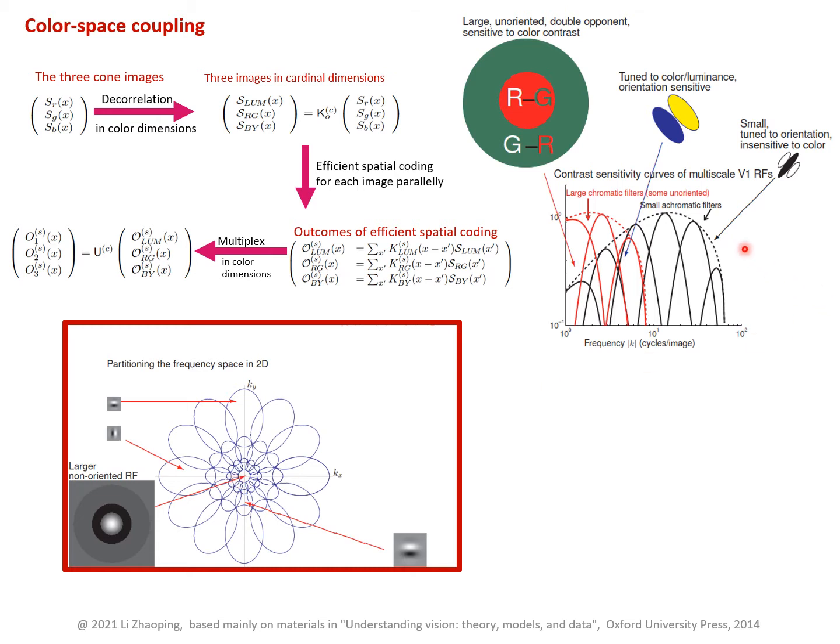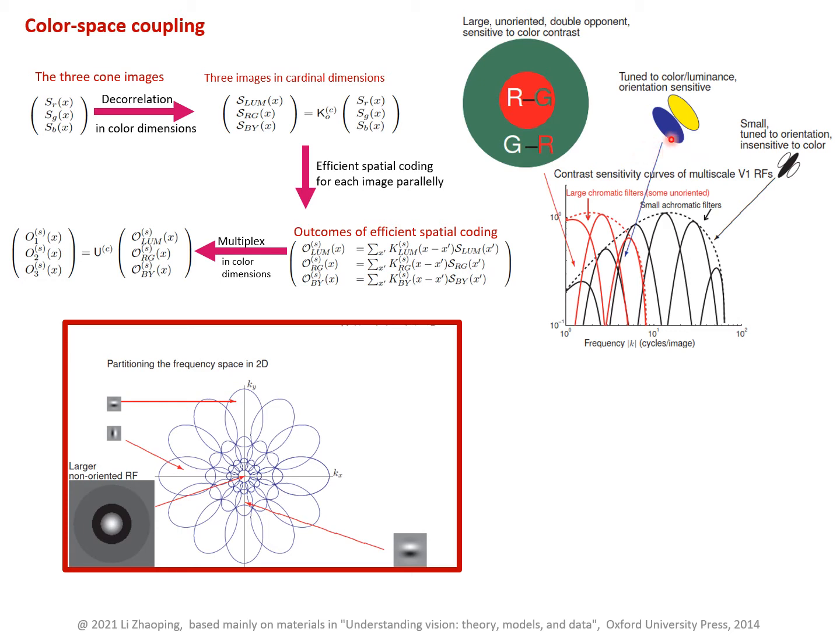We also have orientation tuned cells with very small receptive fields that are insensitive to color in the high spatial frequency band. And we also have cells simultaneously tuned to color and orientation in the intermediate frequency band. So their receptive field sizes are also intermediate between these two extremes. And we say that these cells are tuned conjunctively to color and orientation.